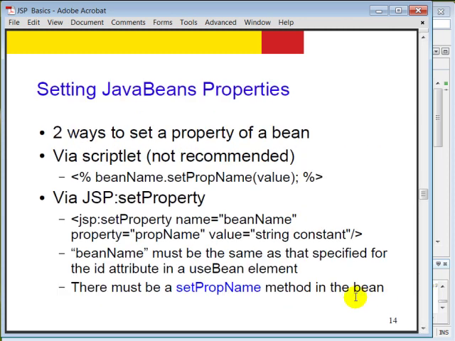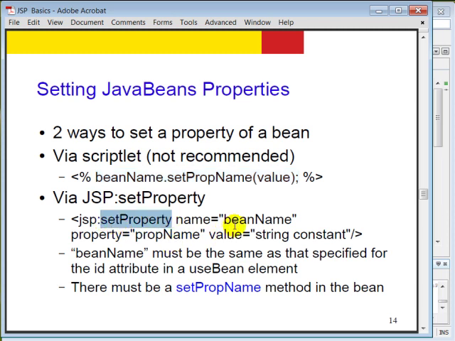Now there are two different ways that you can set JavaBean properties. Again, this one is using a scriptlet, which is not recommended because this is Java code. By using the setProperty JSP element here, you can set the property value of a bean. So here you are going to call setProperty.